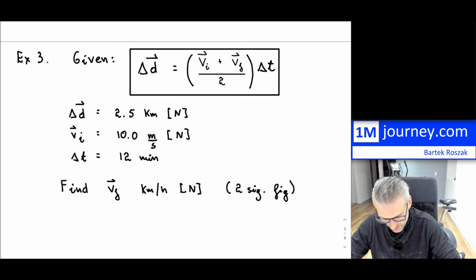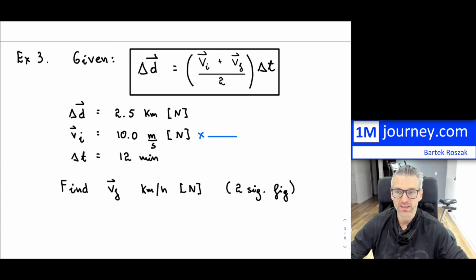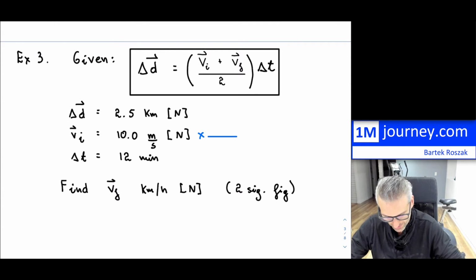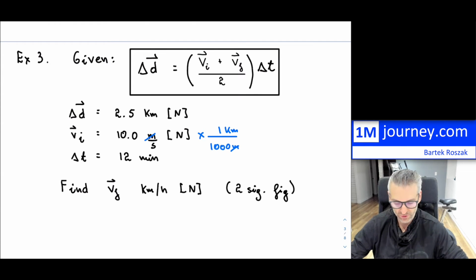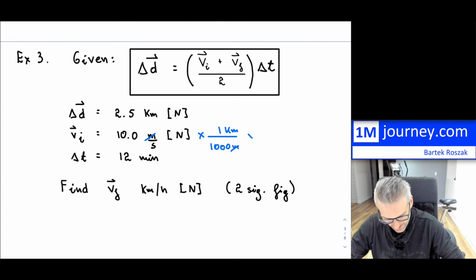Now, in order to change this, I need unit conversions. First of all, you should remember there are 1,000 meters in 1 kilometer. That would get rid of the meter for me and change this to kilometers. Now, for the seconds, you can do it one of two ways.